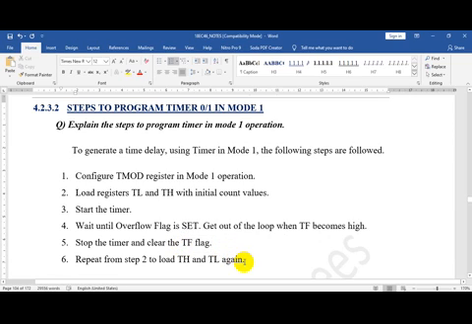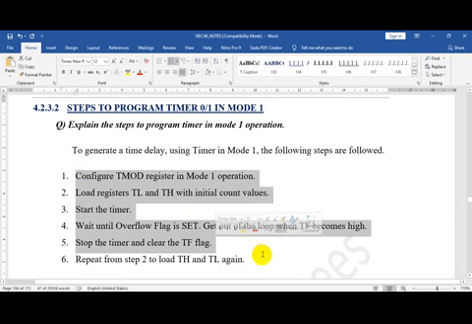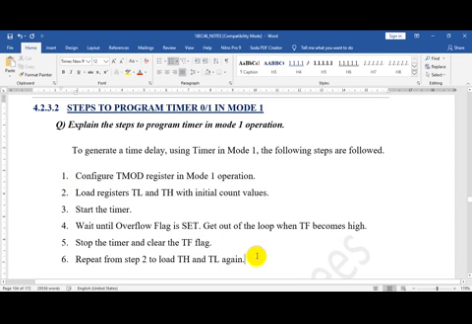If you want to repeat the delay, you will repeat all these things. So these are the steps for configuring a timer, either 0 or 1, in mode 1 operation. Mode 1 is 16-bit operation. Now the only thing left for us is how to calculate this 16-bit value.